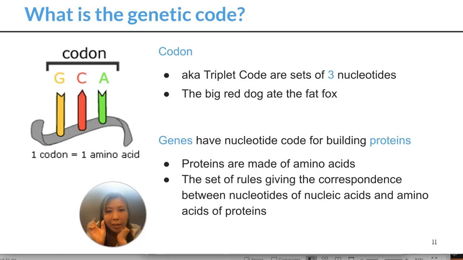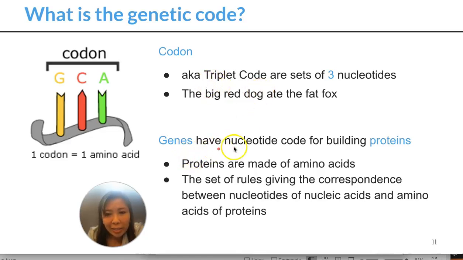So codon is that information right there. For example, the big red dog ate the fat fox. That could be, for example, ATC right here, CTG right here, GTT right here, right? That's going to translate to a sentence, and it's done in triplet form.